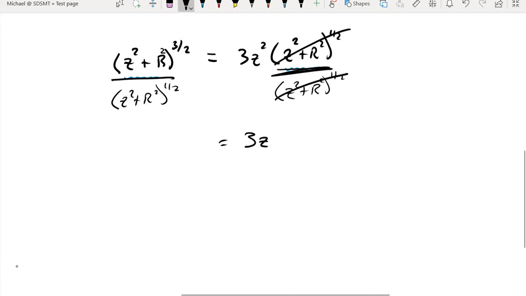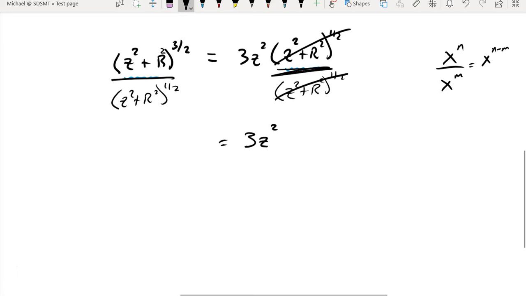We're left with 3z squared. And on the left, we have two like bases. We're dividing them. And so when we divide like bases, we can subtract the powers and combine them into a single term.